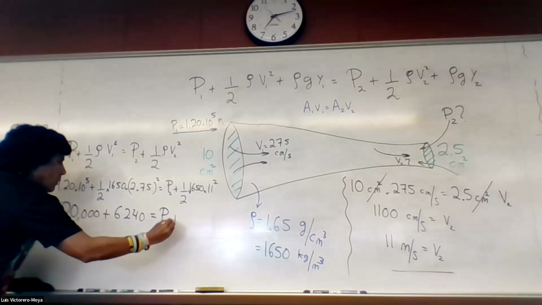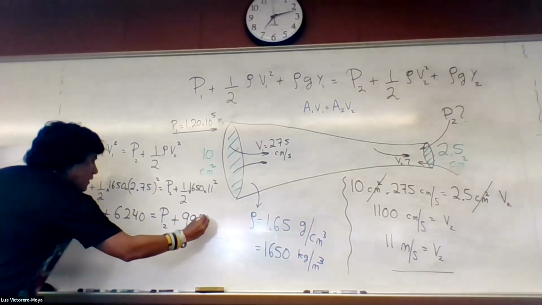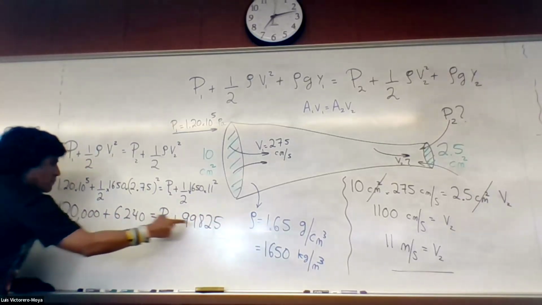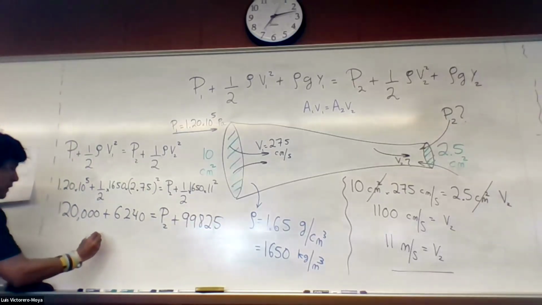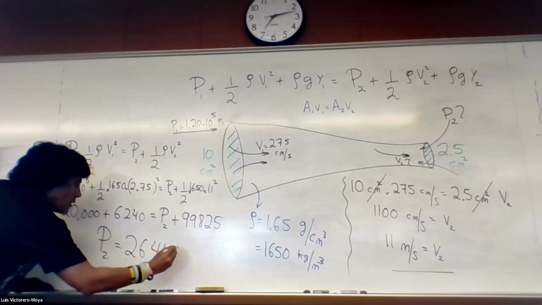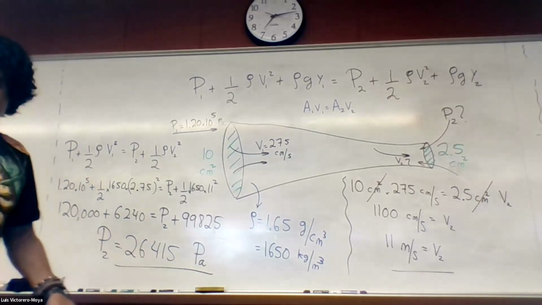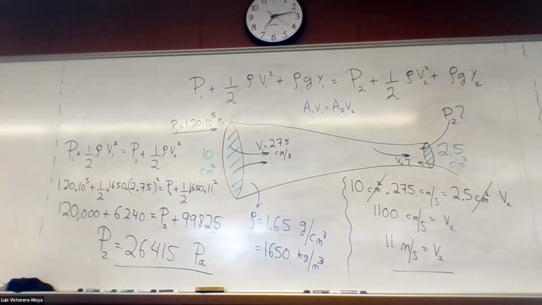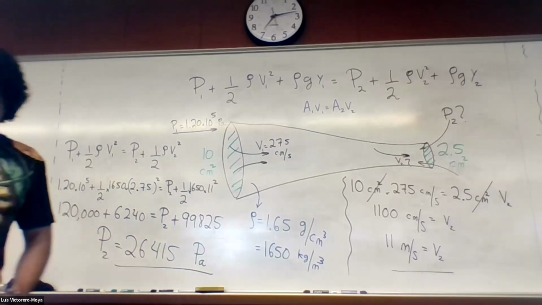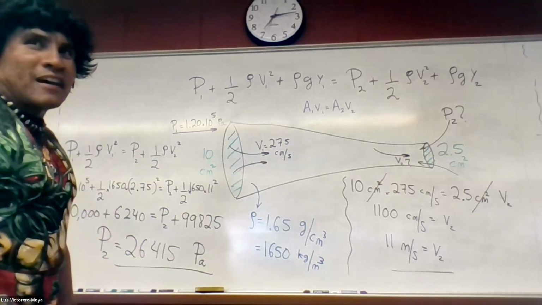That's equal to P2 plus this number is 99,825. So this plus this minus that. If you do that, P2 is 26,415 pascals. Quite a lot, right? It's about 0.25 atmospheres. So it's still less than the atmospheric pressure.